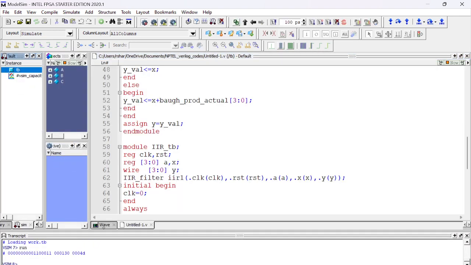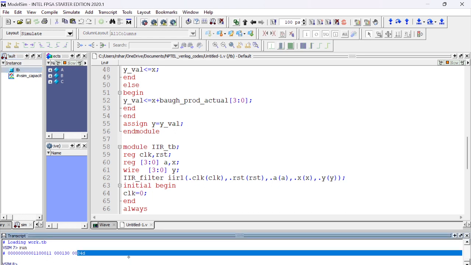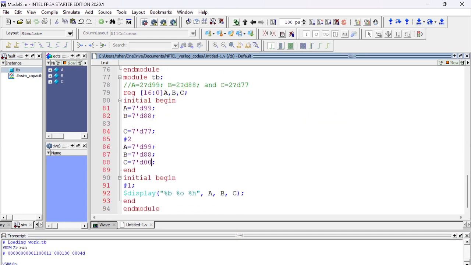So you can see it has displayed once. But I have given a change after 2 units of time, and that change is not captured.